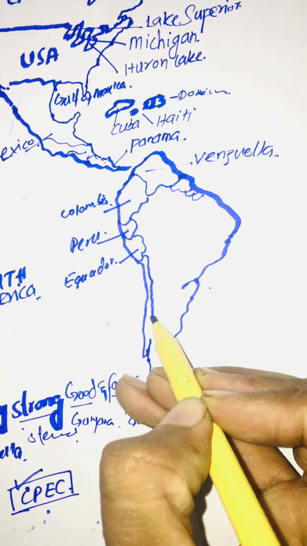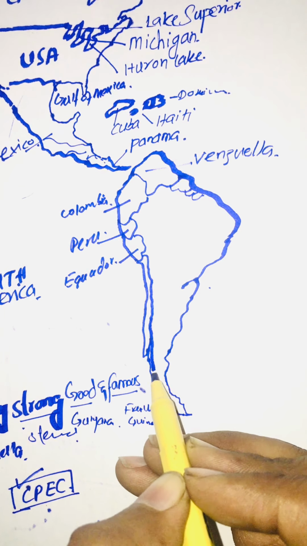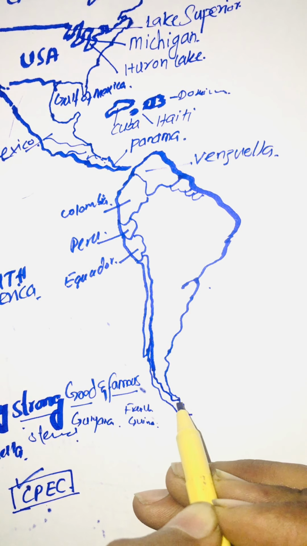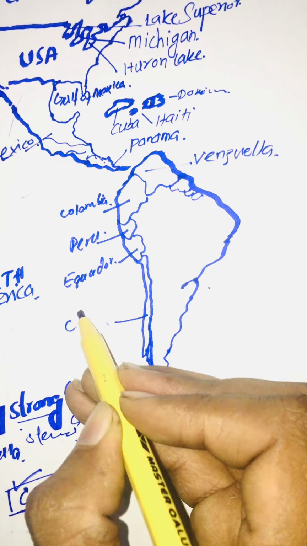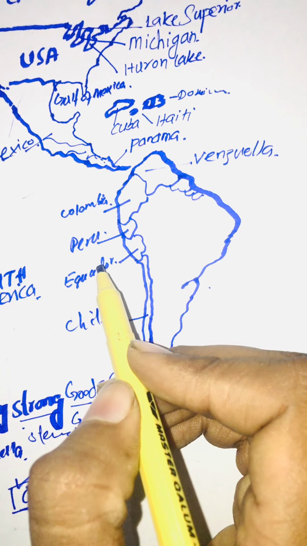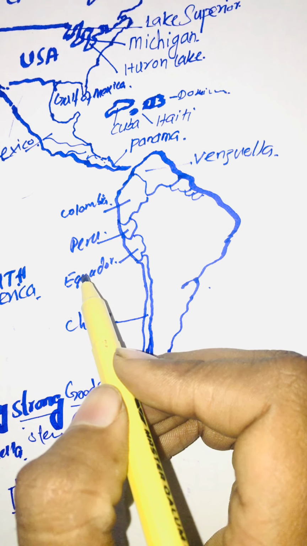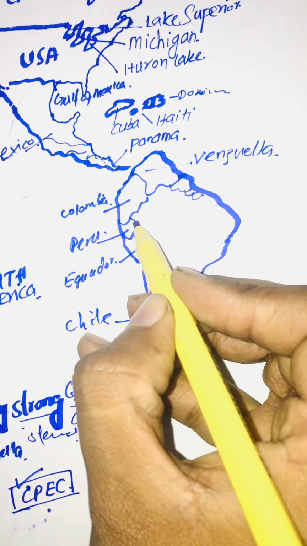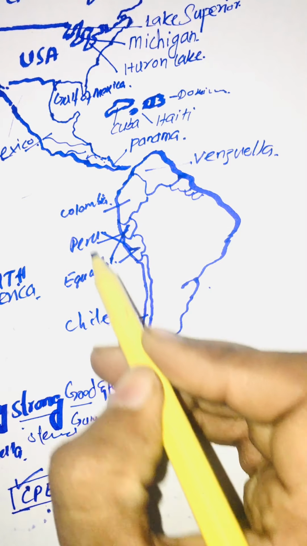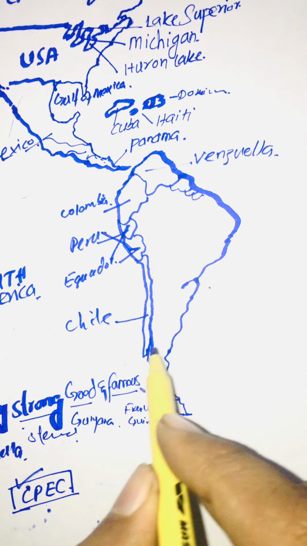After that, the country runs along the margin of South America, and it touches the boundary of Argentina just here. The country is called Chile. Okay, guys, this is Ecuador and this is Peru. So CPEC, and after that, this side is empty.